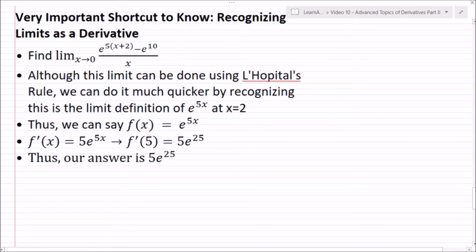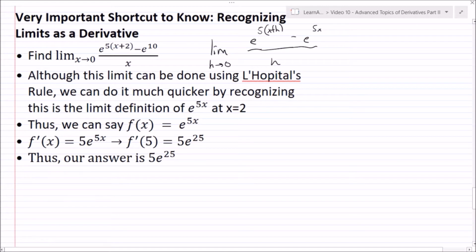So let's write out the limit definition of the derivative of e to the 5x. So it would be the limit as h goes to 0, e to the 5 times x plus h minus e to the 5x.